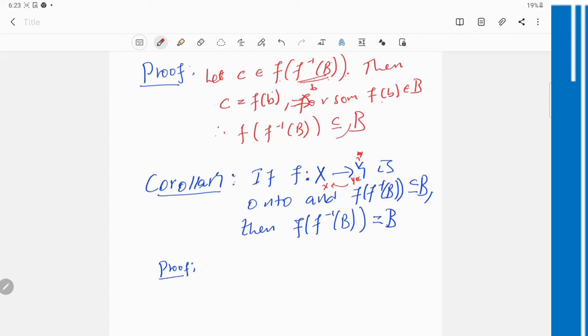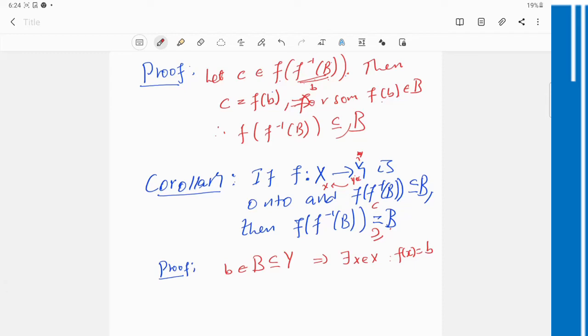We did one direction, so we need to check the other side. Take an element b from B, which is a subset of Y. Since the function is onto, there exists x in X such that f(x) equals b.